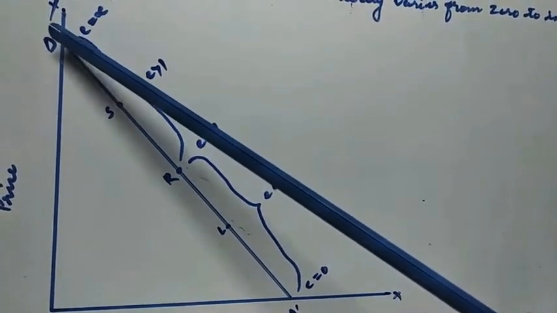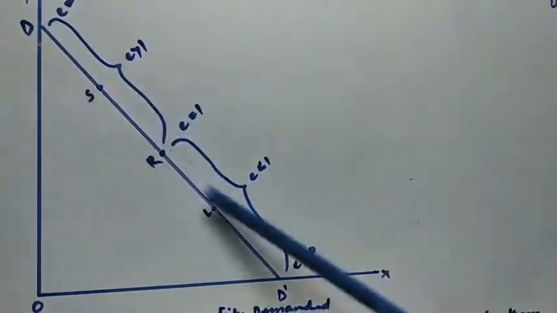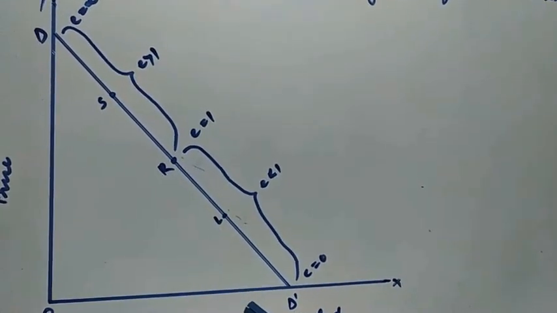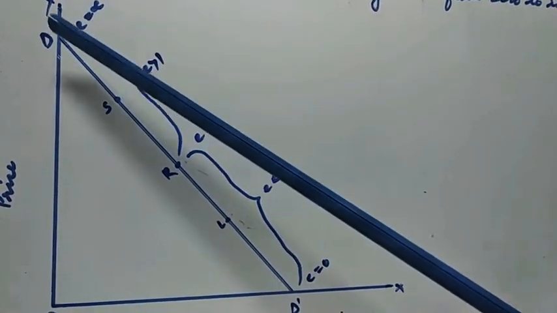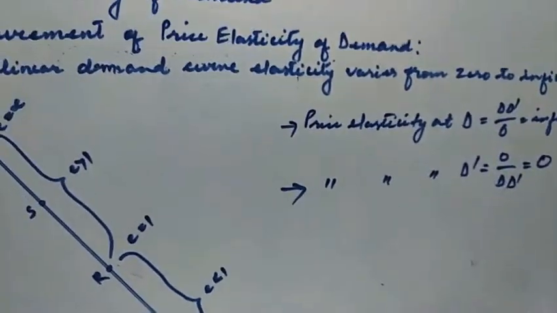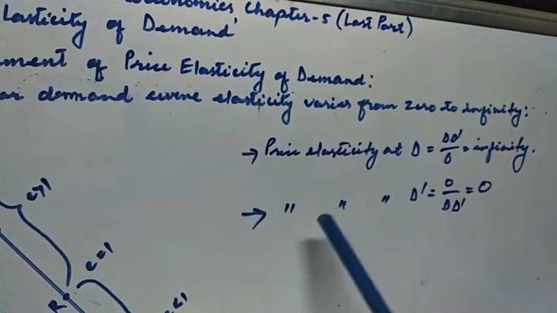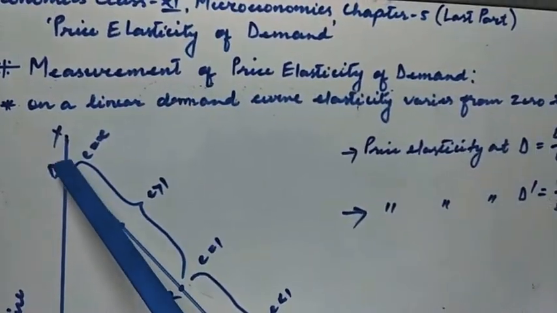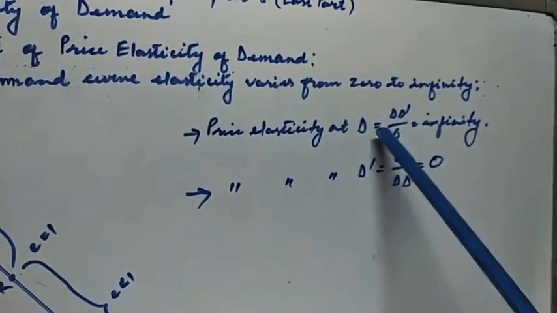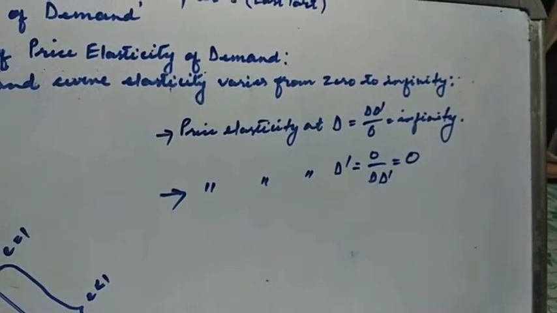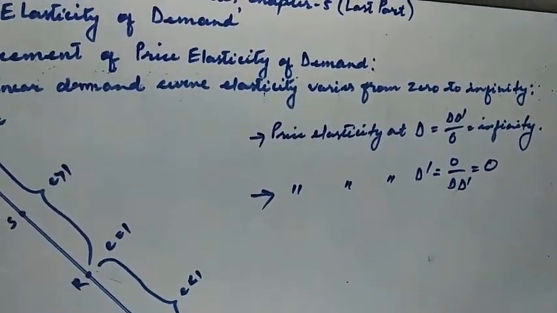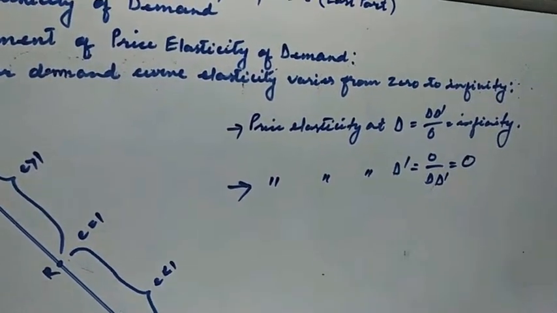The upper segment can be said to be equal to 0. So at point D, the price elasticity will be D dash divided by 0, which is equal to infinity. So that is the extreme case.